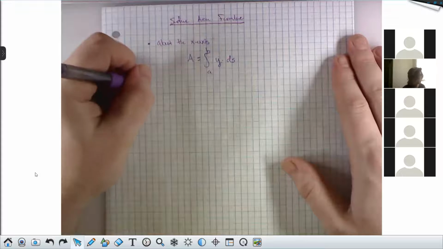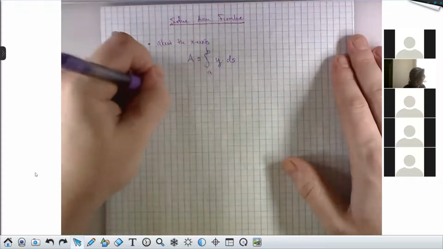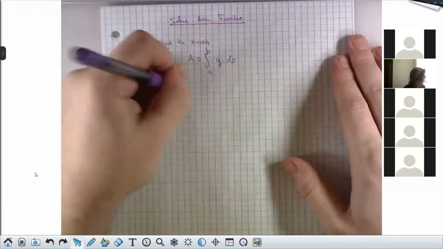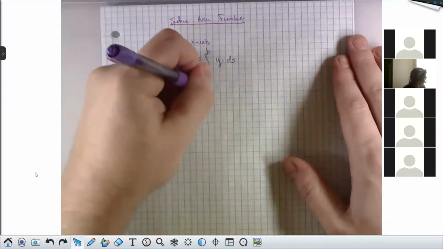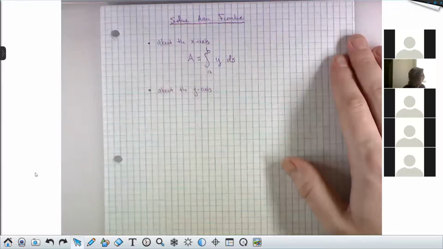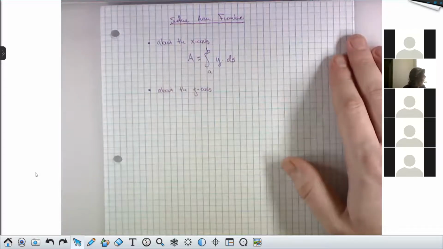And if you're rotating about the y-axis, the only thing in that derivation that would change is the radius.